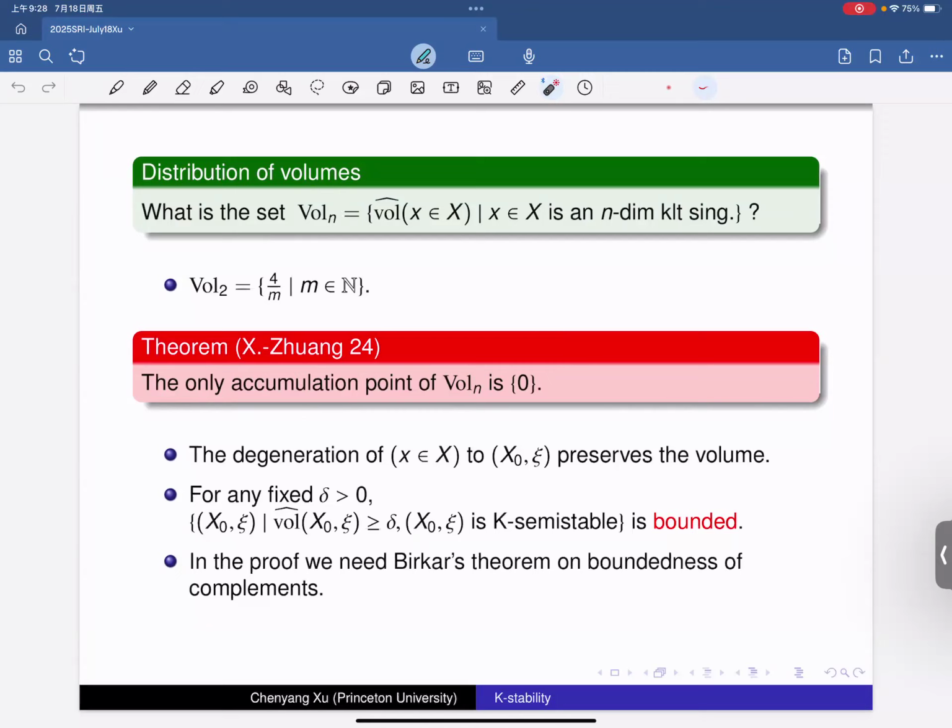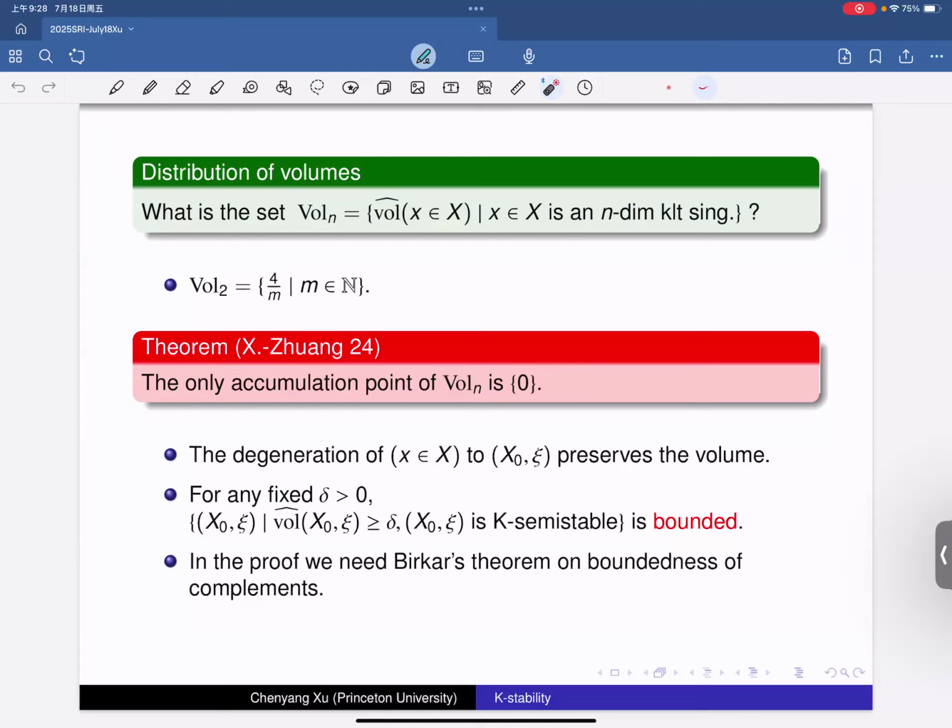But Chuyu Zhuang and I proved that this set is essentially discrete, except it could go to 0. So if you take any one of them and ask what's the one below that, there is a gap. Each time you have a gap. So how to prove this? The previous slides, which we call stable degeneration, describe a process that preserves the volume.